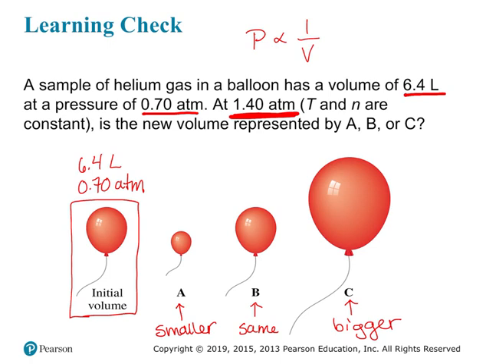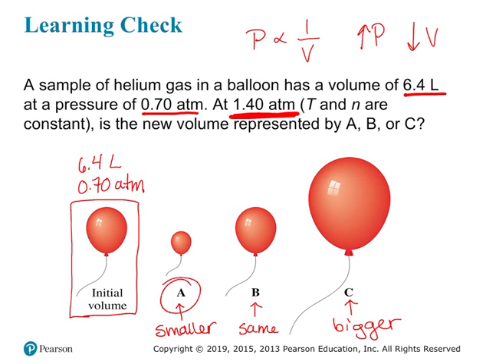Okay, so remember, pressure is inversely proportional to volume. So we're increasing the pressure, which means we're going to see a decrease in volume. So that means A is the correct answer. We're going to have a smaller volume. Okay, now you could have done process of elimination.